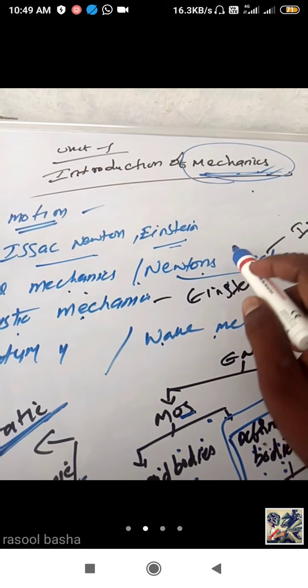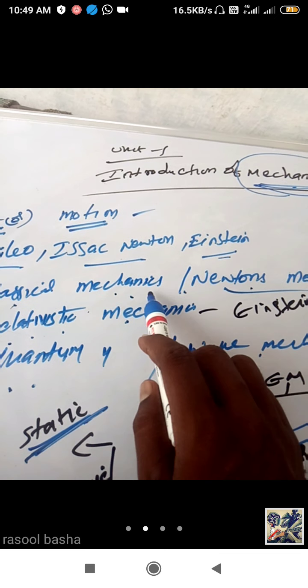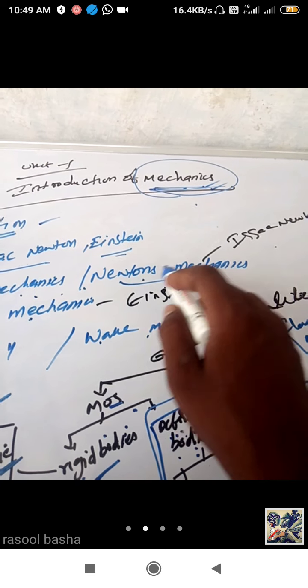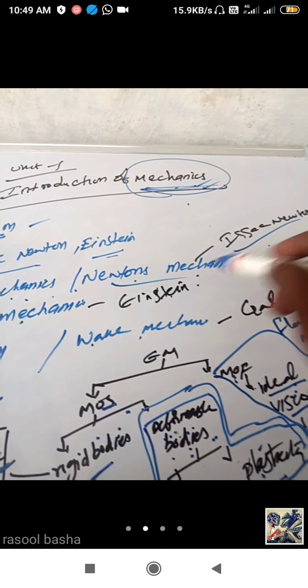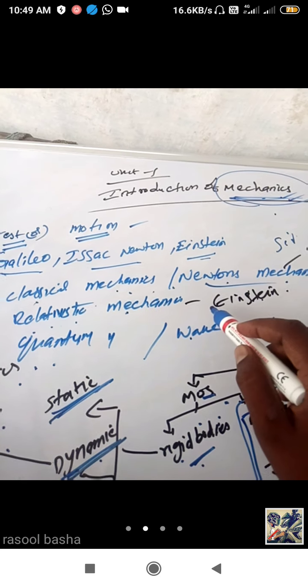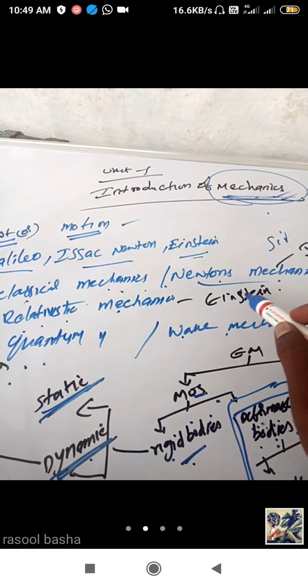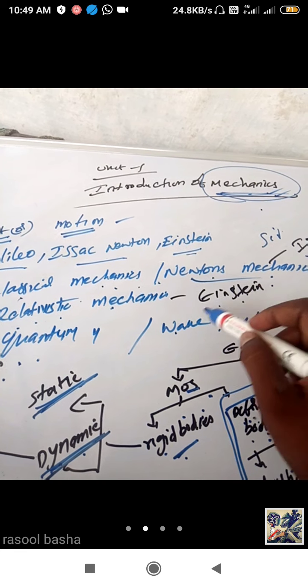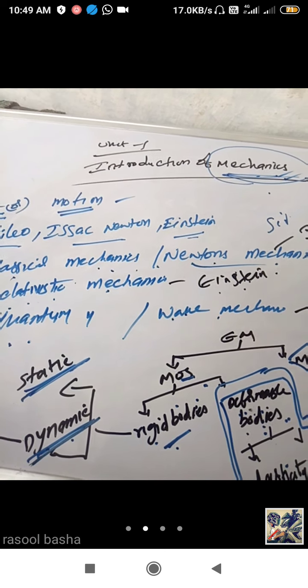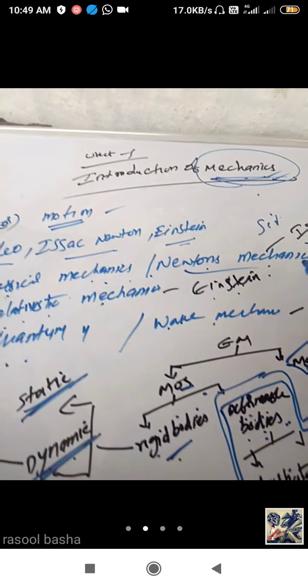Classical mechanics, or Newton's mechanics, was explained by Sir Isaac Newton. Next, relativistic mechanics was developed by Einstein, and quantum mechanics or wave mechanics developed by Galileo.